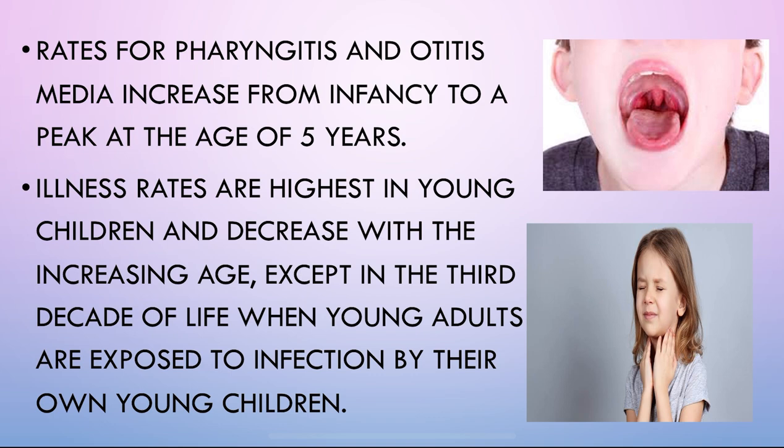As the person turns into an adult, respiratory tract infection decreases because of the development of better immunity. The exception is the third decade of life, when young adults are exposed to infection by their own young children. The children can get respiratory tract infections from their schools, and the mothers and fathers get infected.